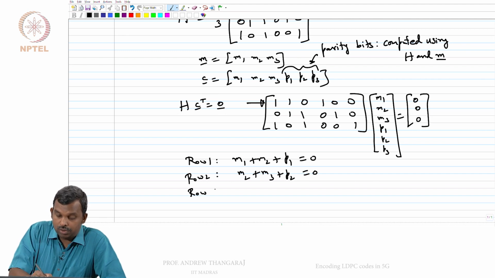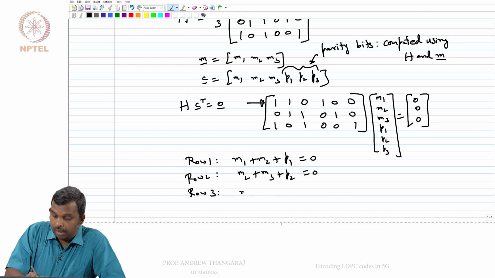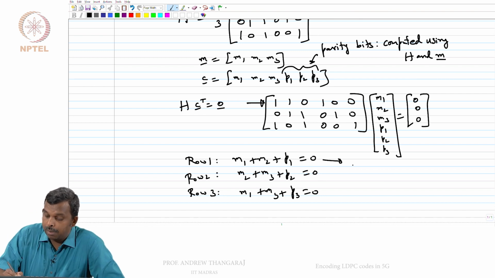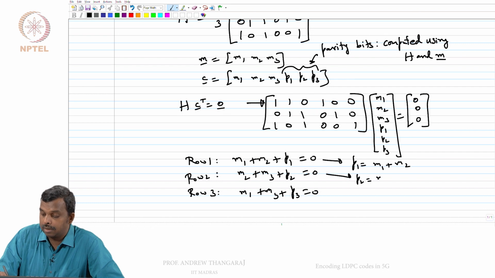And the third row gives you M1 plus M3 plus P3 equals 0. Okay. So now this is all binary XORs or modulo 2 equations. So this is the same as P1 equals M1 plus M2. This is the same as P2 equals M2 plus M3, and P3 equals M1 plus M3.